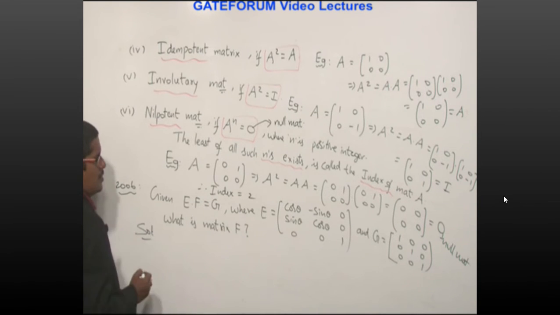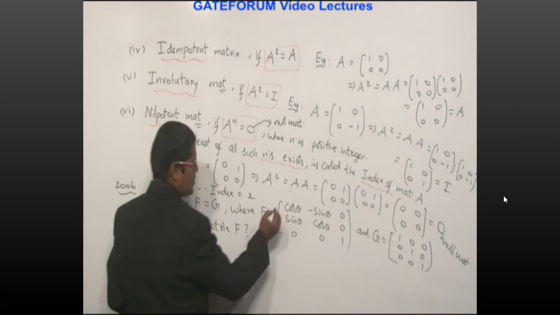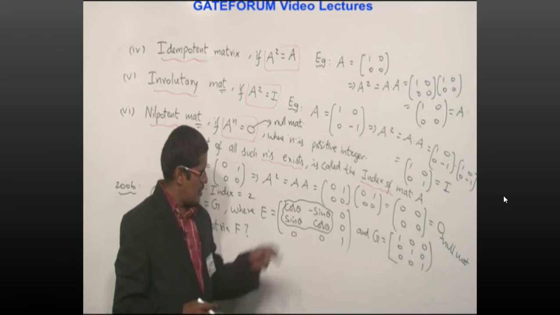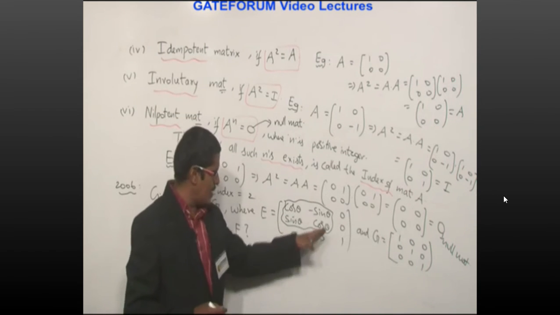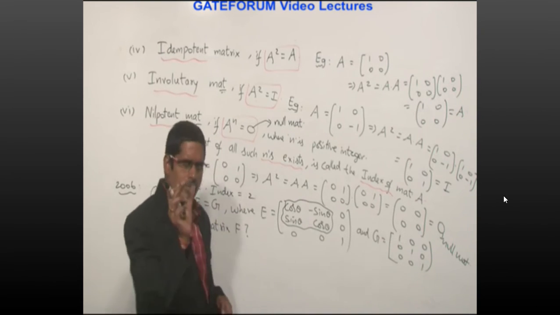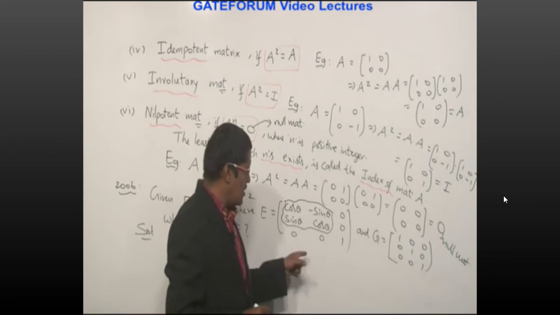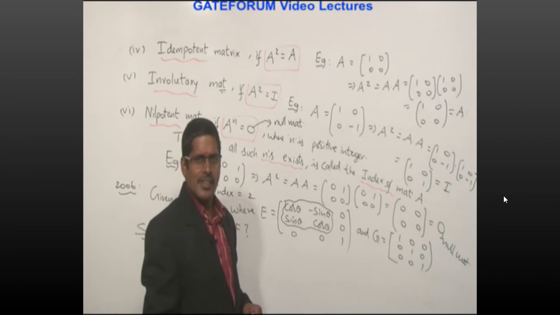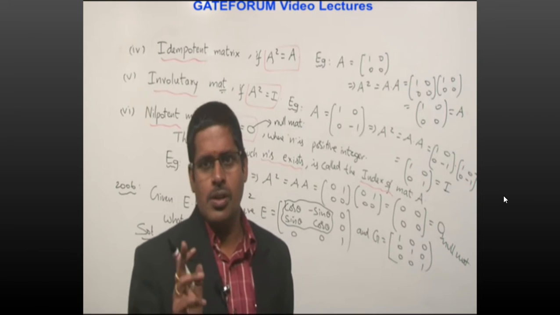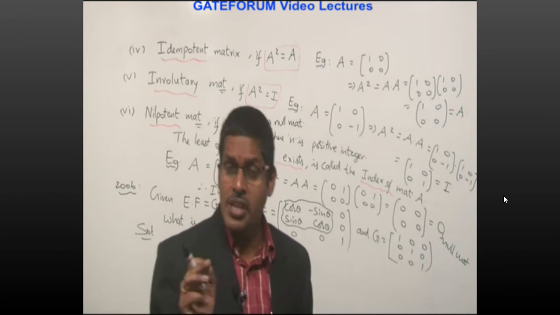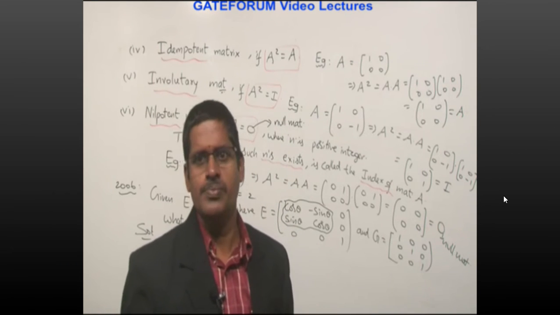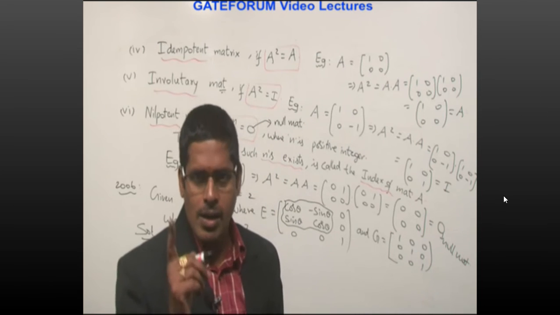Solution. Just observe, this matrix is orthogonal, and like that this entire 3 by 3 matrix you can check is orthogonal, that is E into E transpose is equal to I. One important point you please remember: in any orthogonal matrix, the dot product of every 2 rows or every 2 columns is 0, and the length of each row or each column is 1.